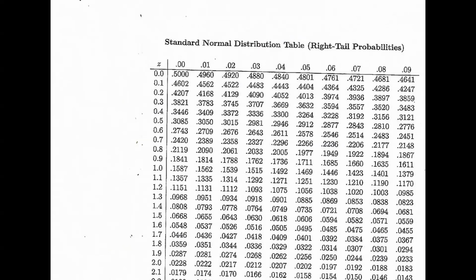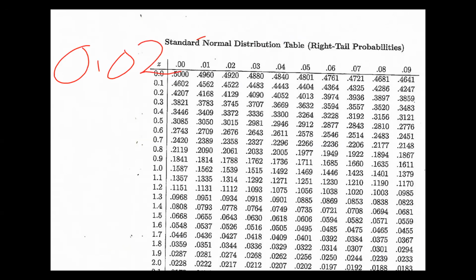So we are locating the area 0.0250, isn't it? Can we look for it from here? Where is it located? Anybody who is able to tell us where it is located? Okay, the area is here, right?